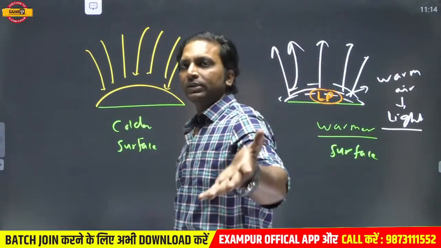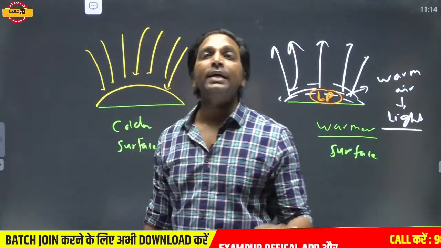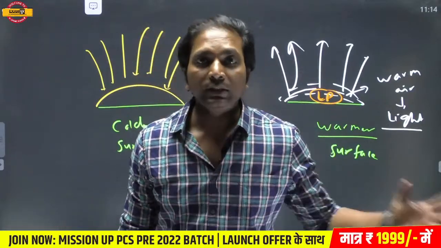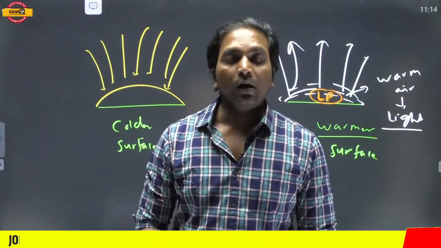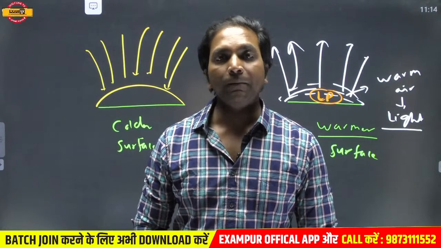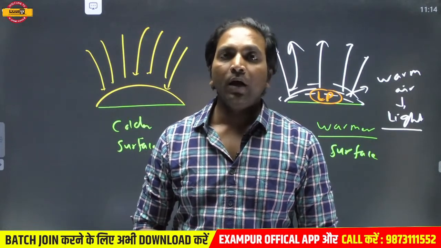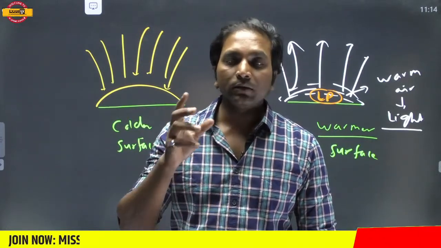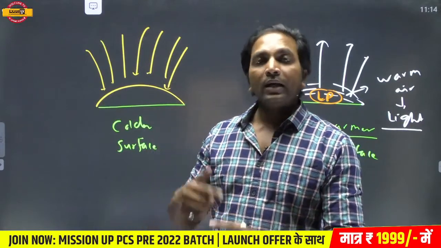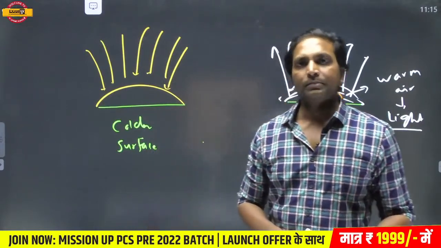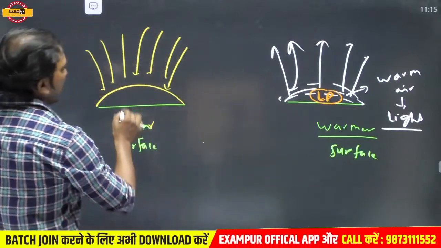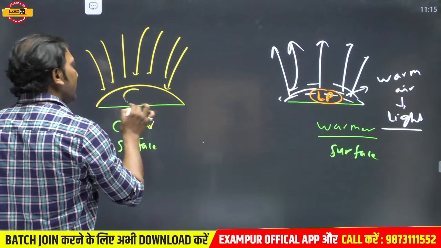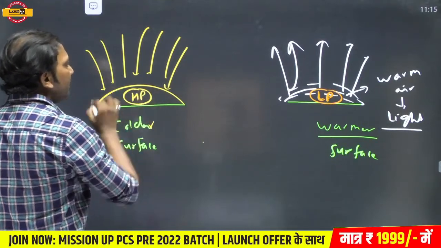What we have discussed earlier, we have finished the air pressure belts also, in which we have seen the equatorial low pressure, the ITCZ, doldrums, horse latitude, subpolar low pressure, polar high pressure. And today we will discuss the winds which will take advantage of the pressure belts. So see here, the colder surface and the subsidence of air creates a high pressure in this zone.